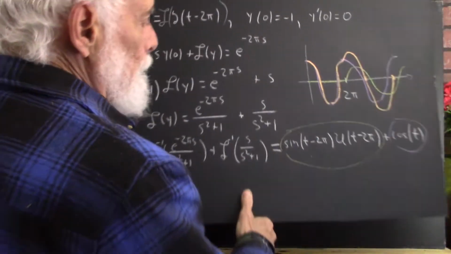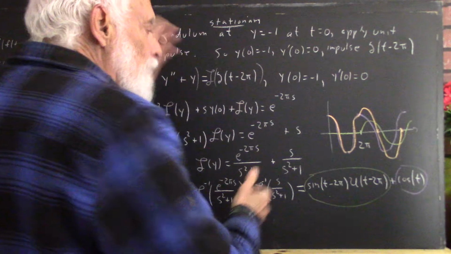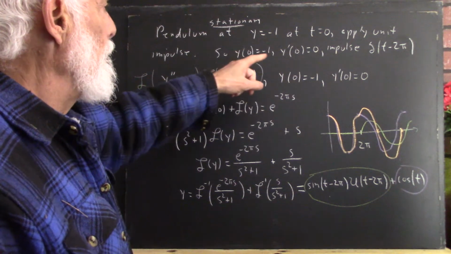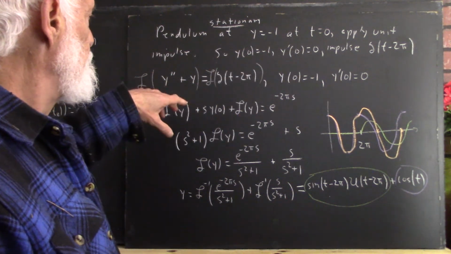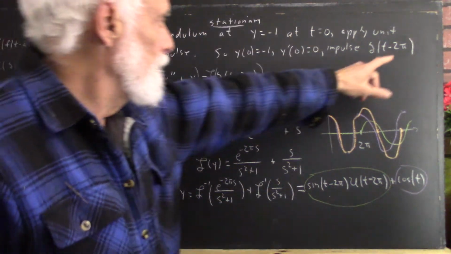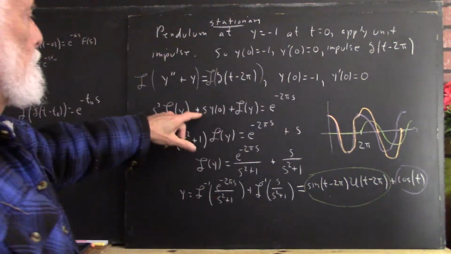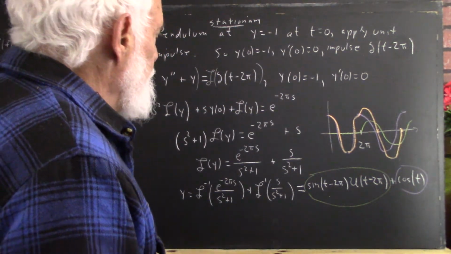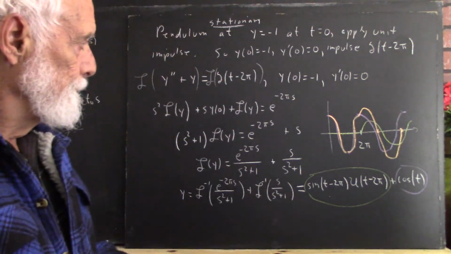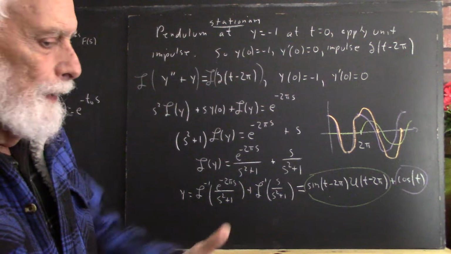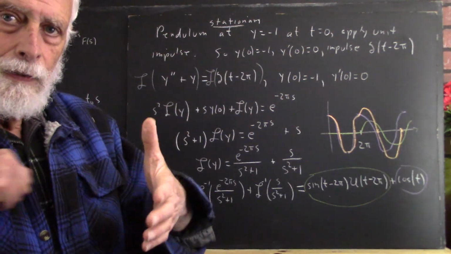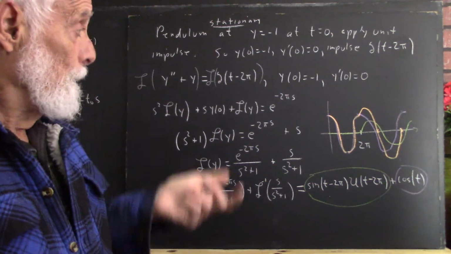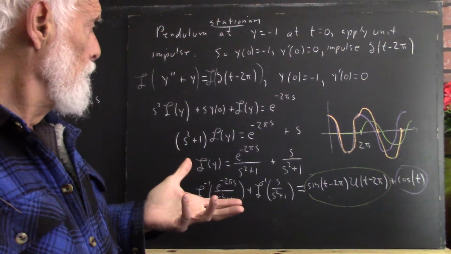Okay, let's go back to the preceding example for a second. Same as this example, except we apply the unit impulse at t equals 2 pi. Had a plus s y of 0 here, gave us a plus s here. Okay, if you think about it, if you hit the thing at its negative extreme position, it's going to start moving in the positive direction.